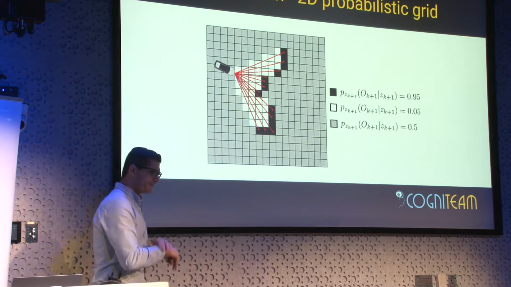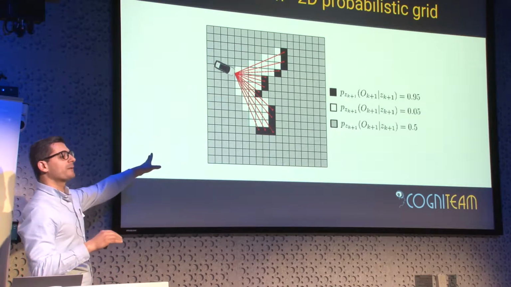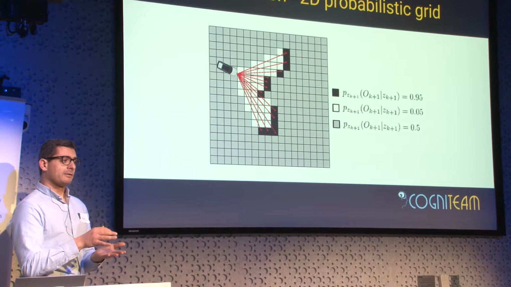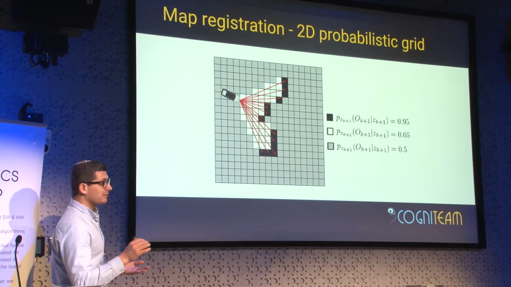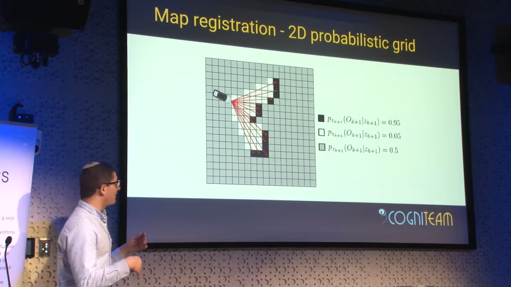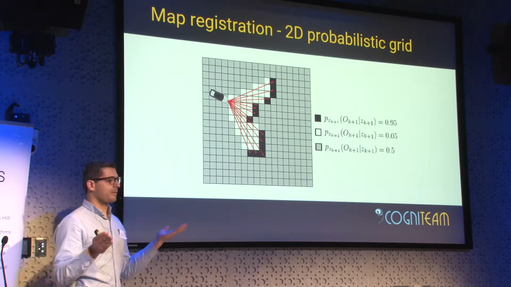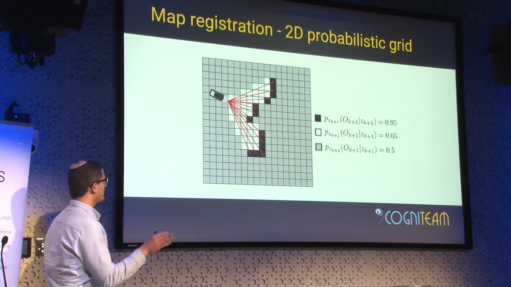A bit about maps. What you see here is called an occupancy grid. An occupancy grid is a 2D grid where each cell can be colored in one of 3 colors. White: there is no obstacle there. Black: there is an obstacle there. Gray: we don't know what is there because we didn't measure this place at all.